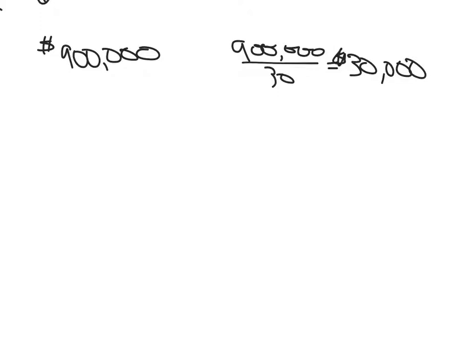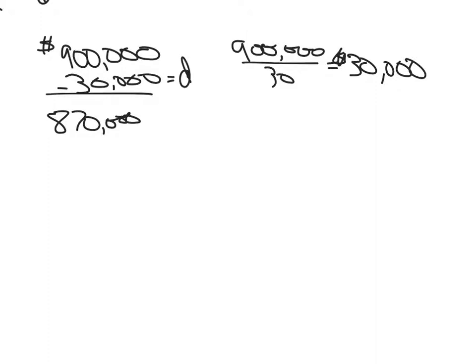So at the end of the first year, it's going to be worth $870,000 because we took 30,000 from the 900. Okay, so this is our difference. That's our common difference. The next year, it depreciates another 30,000. So now we're down to 840.